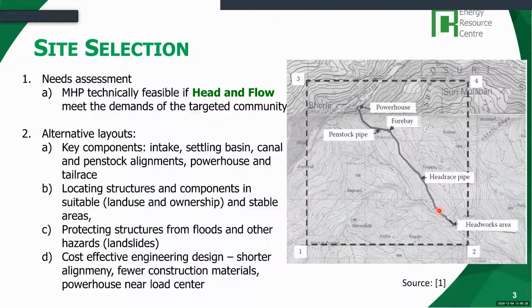If your plant is 585 kilowatt, and your design flow is, like in the case of Majau, 4.5 cubic meter per second, and that 4.5 cubic meter per second is not available, then you cannot generate up to the capacity of 585 kilowatt. So you have to be careful on the flow, but the head will be more or less constant. The forebay is here, the powerhouse is here, the elevation difference is the head.